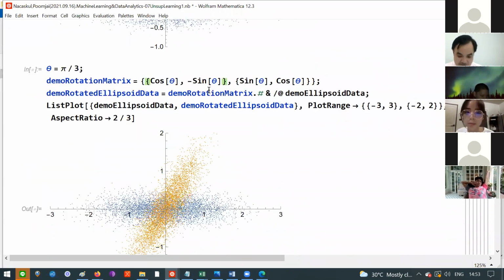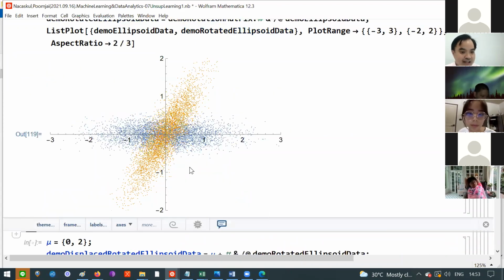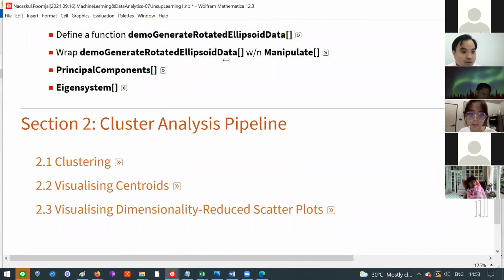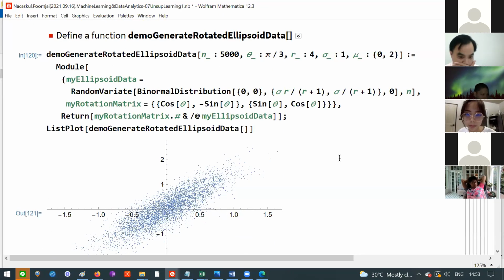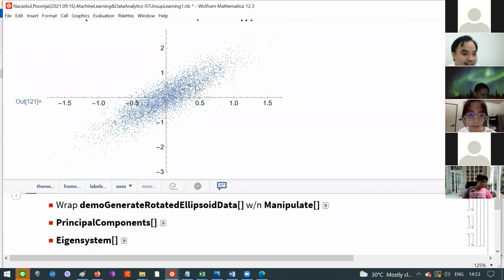Now I shift it. I make it rotate, right? Anyway, I'm just going to create some kind of data. Now, this is my data. It has 2 degrees of freedom. Remember the original U curve has 8, right? I'm just going to talk about 2 now.